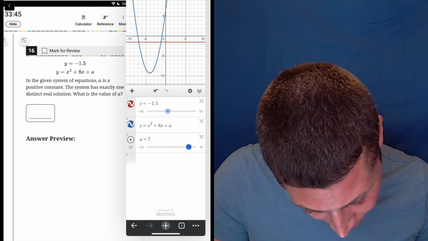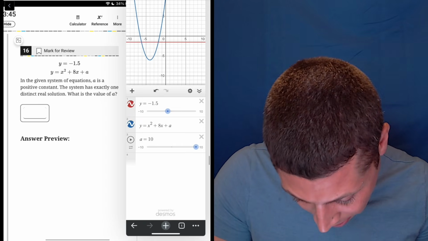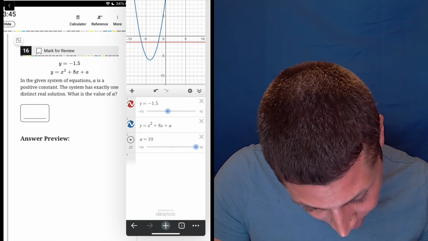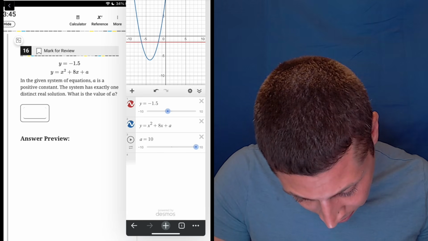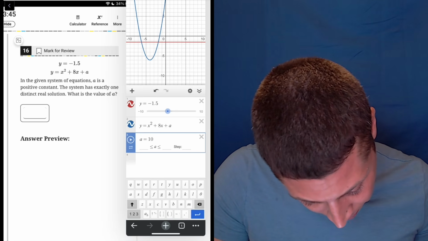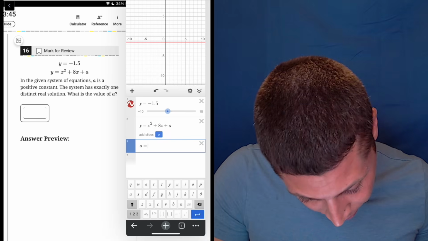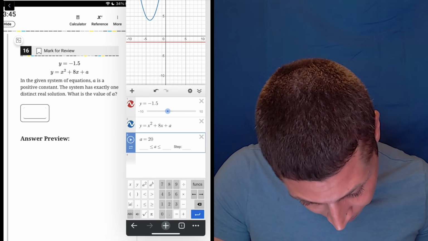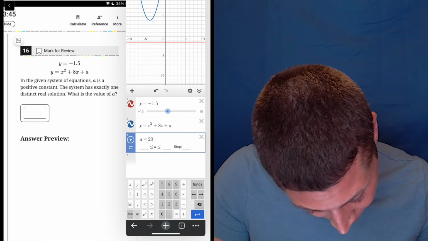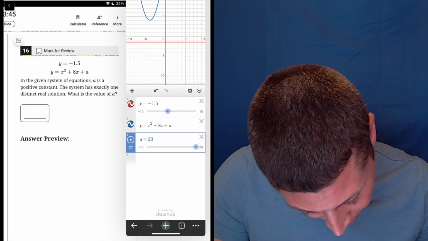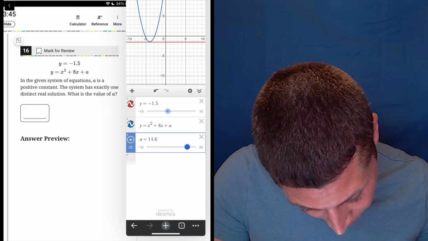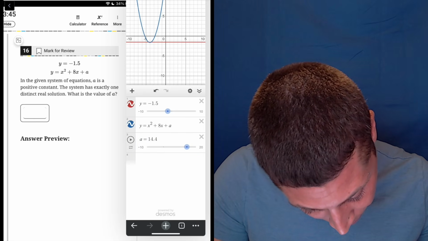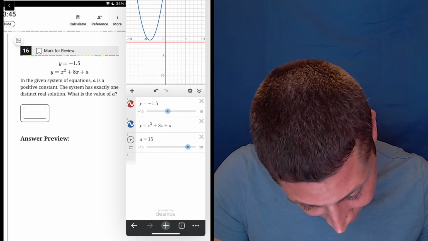Positive constant. So it has to have one distinct solution. Can I just lower this until it works? Can I do like 20? Okay. So how about that? What was that one? 14. What's 15?